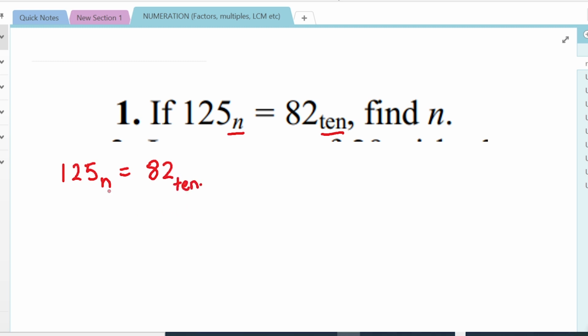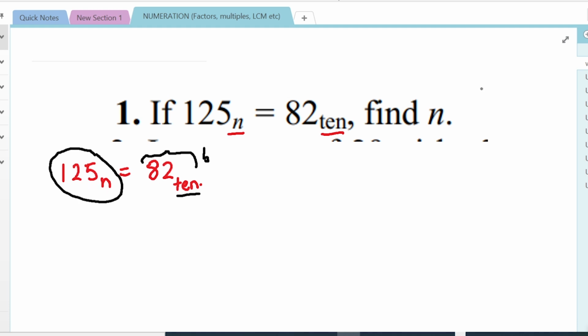So for us to be able to find the value of n, this side here is base 10. So it means that we are supposed to convert this to base 10 as well. In the process of converting that side to base 10, we will be able to find n.